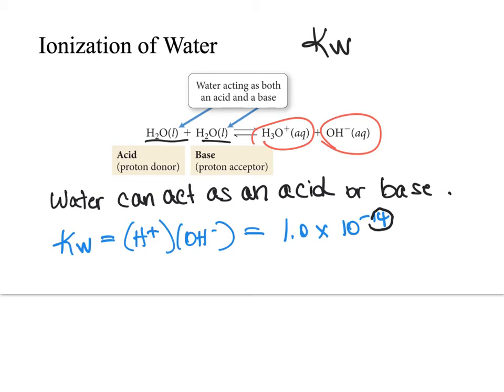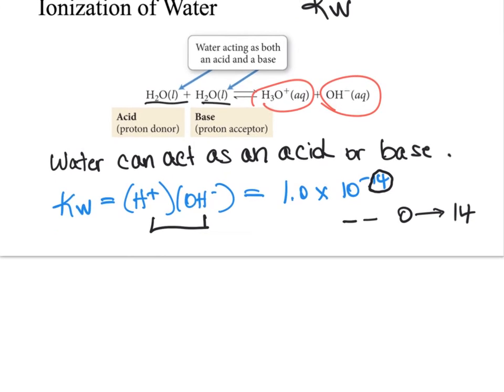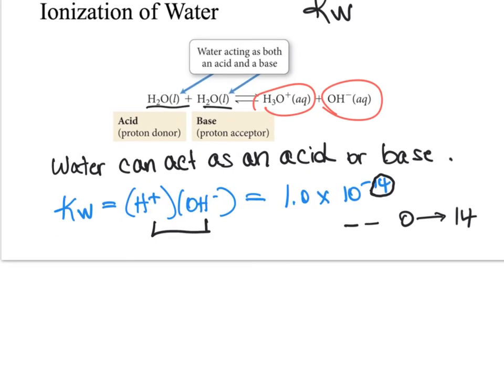It's a negative log scale, so what that means is we're taking the negative of the negative. So the pH scale is a positive scale, and log just means we're looking at the exponential value here. The pH scale goes from 0 to 14. I know that the product, when I multiply these two together, always equals 1 times 10 to the negative 14th. So I can solve for an unknown if I know what that value is.